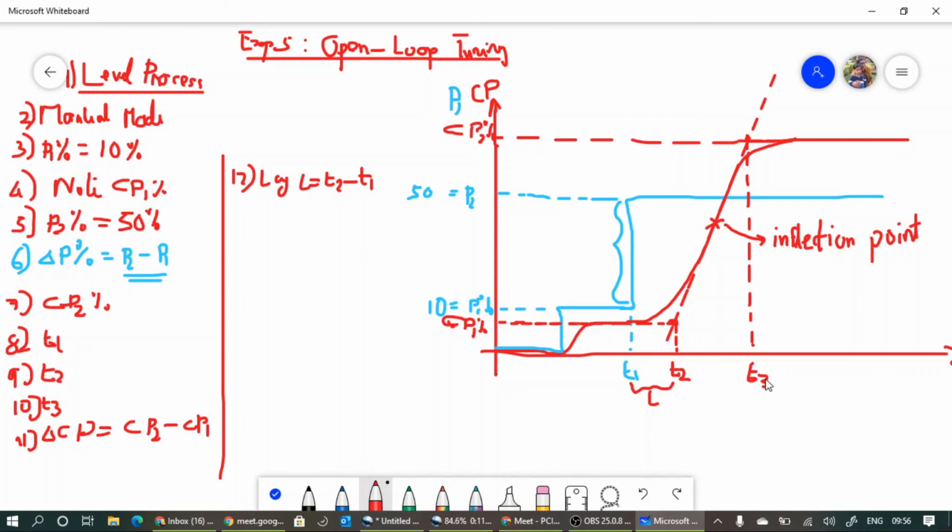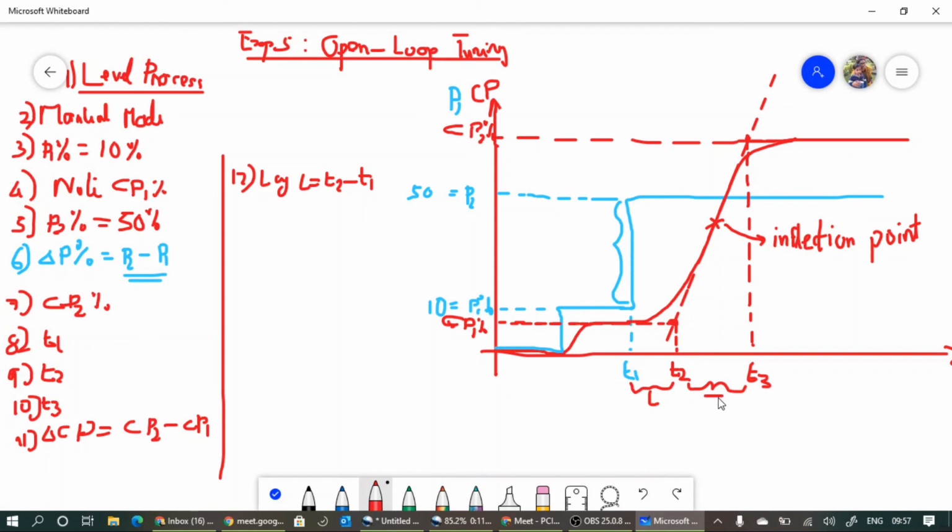Now from T2 to T3, you can see that the response is maximum. So here you can see an important thing. I told you this one is the point at which the slope is maximum, and we had drawn a tangent through this point. Means the slope of this tangent is exactly equal to the maximum slope. So if you are maintaining this slope, the time required to change the process variable from the initial value Cp1 to the final value is nothing but T3 minus T2.